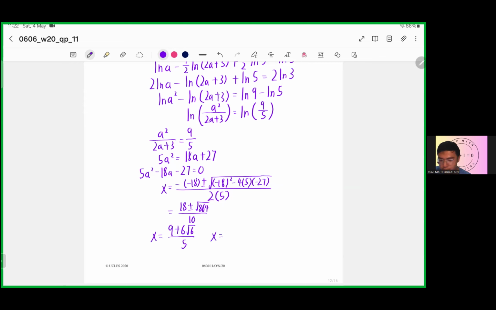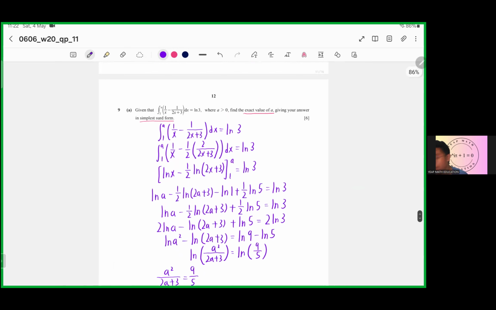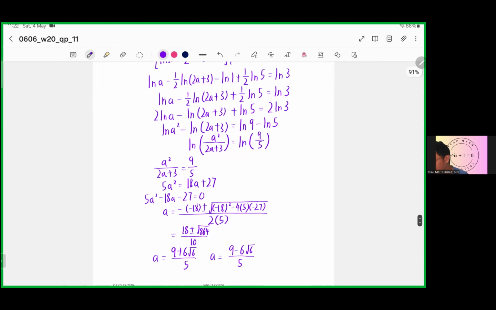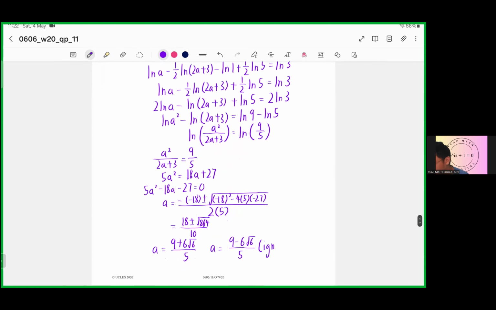And one more is, okay, we get this answer. A, not x, is a. So now we see you want a to be more than 0, right? So this part we just ignore it.